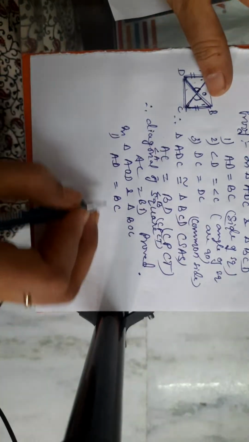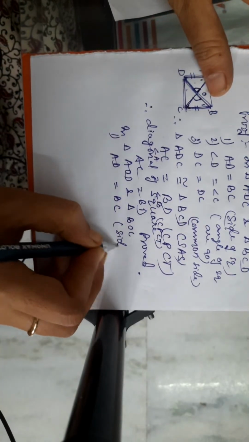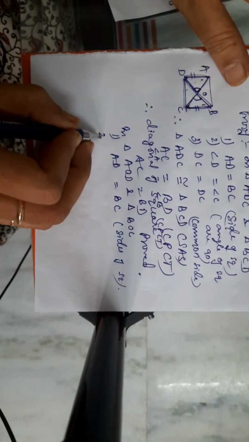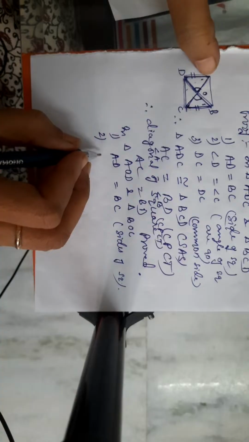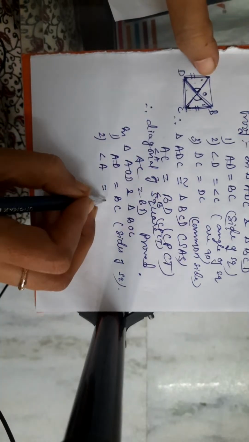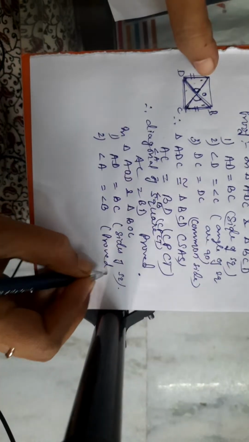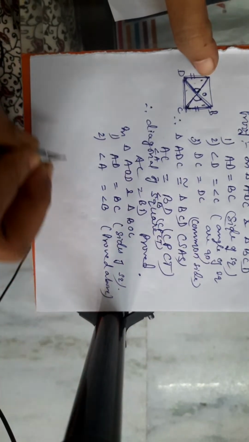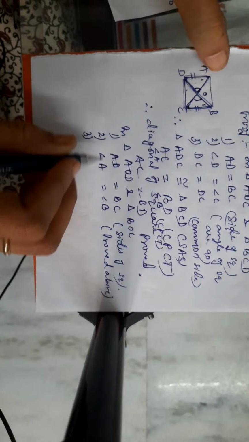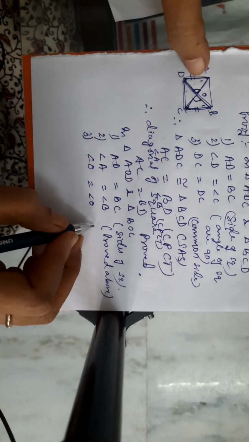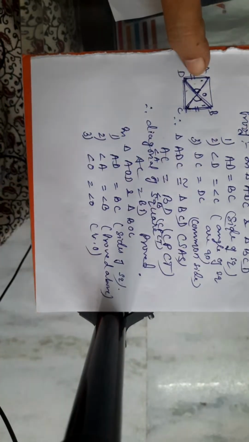So here, make the statement like sides of square. Second point, we already proved angle A equal to angle B. So for this, we will write proved above. Now for the third case, angle O is equal to angle O. This is nothing but vertically opposite angles.